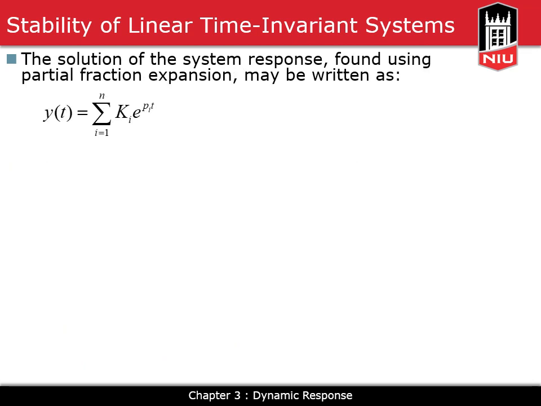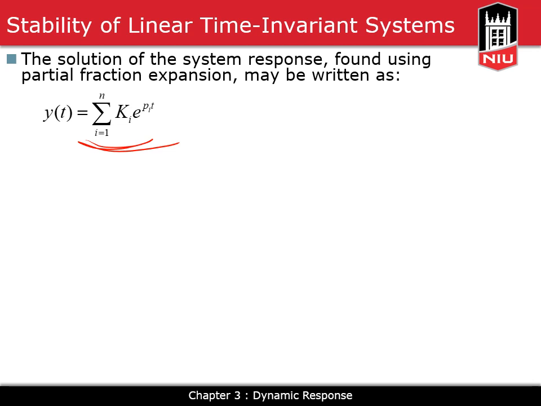The solution of the system response found using partial fraction expansion may be written as the summation of ki times e to the power of pi t. The reason is, if we go back to the transfer function in the previous slide, with all those s minus pi's in the denominator, if we apply the partial fraction expansion on it, we will have fractions with s minus pi's in their denominators.